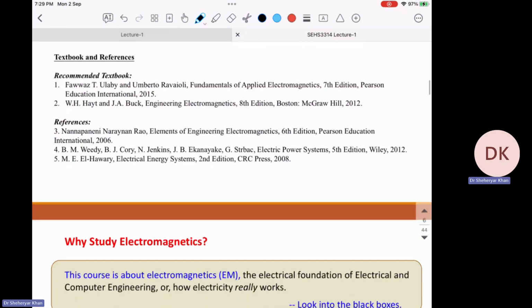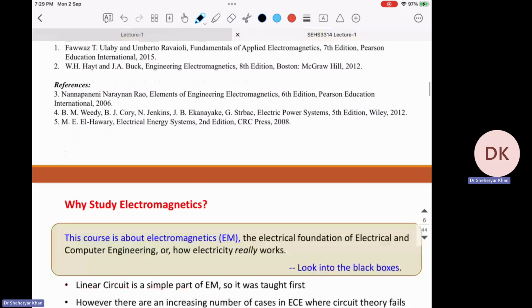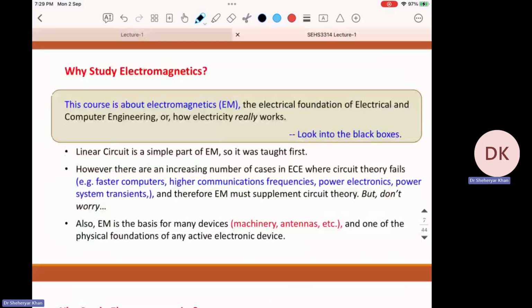In the next few slides, I have collected some information for you about the subject. That's a general discussion. In this course, the main problem lies in the complexity of the devices. If you have studied linear circuits, electric circuits 1 or 2, or circuit theory, you have seen that we have a very simplified circuit. We have a DC source, we have an AC source.